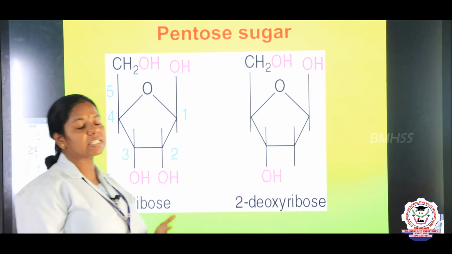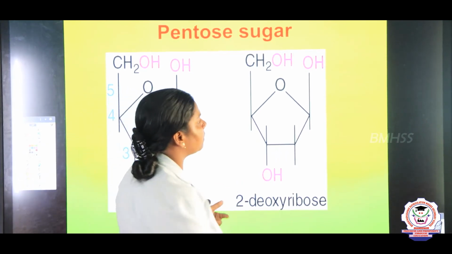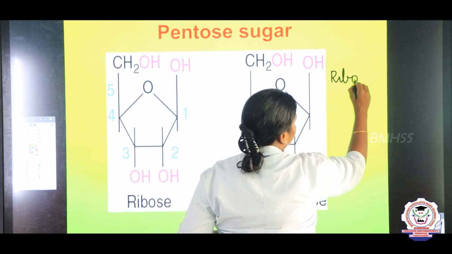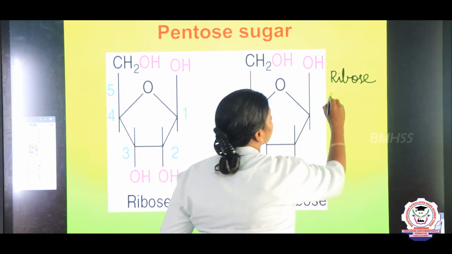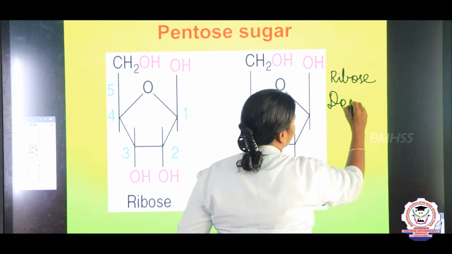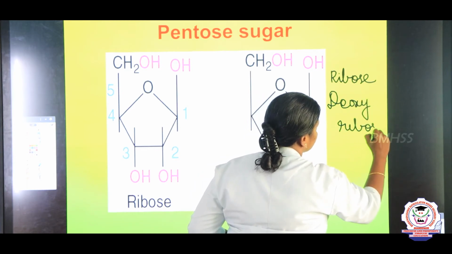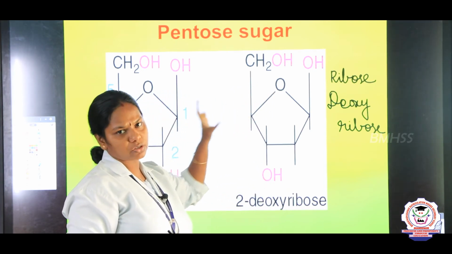Children, now we are going to see about the pentose sugar. In RNA, ribose sugar is present, and in DNA, deoxyribose sugar is present. So it may be either a ribose or a deoxyribose.